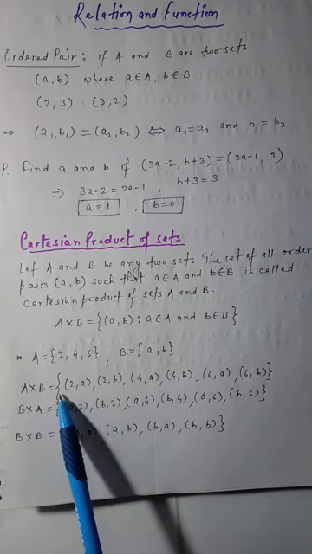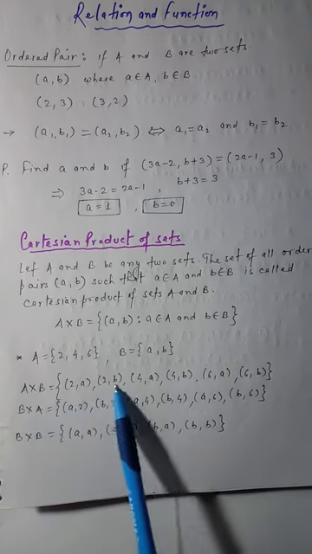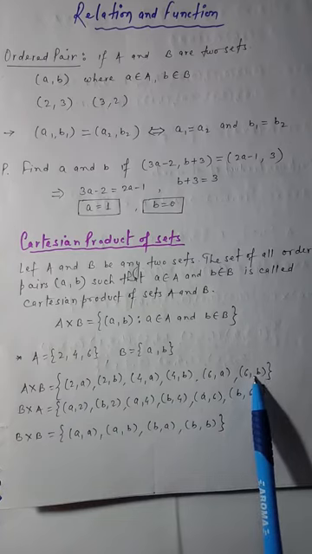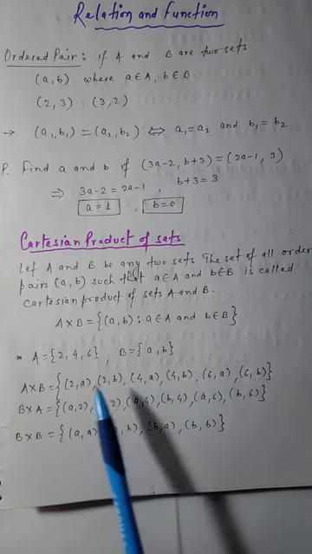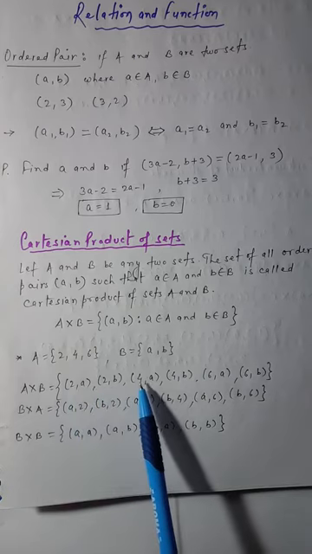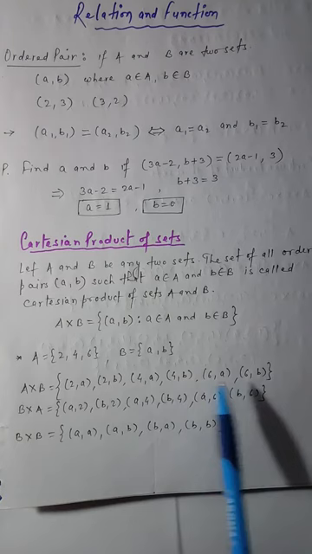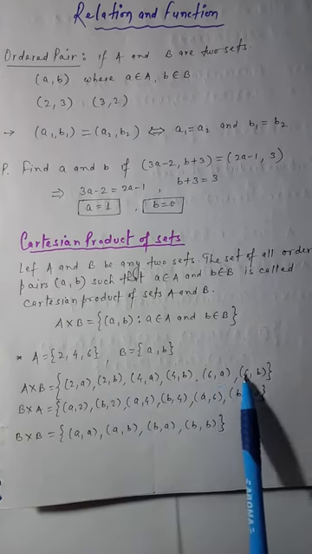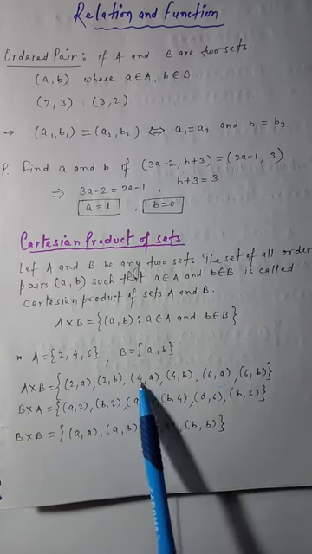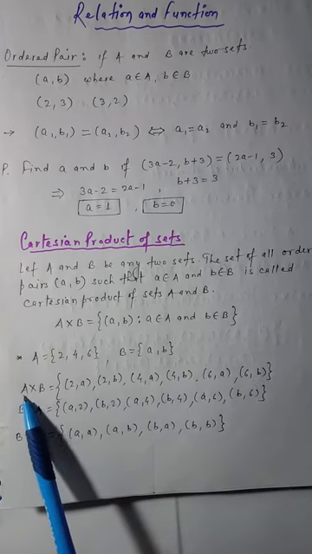And you can observe here this A cross B is a set where these are the elements. Okay. And you see here all the first elements like 2, 2, 4, 4, 6, 6. It means 2, 4 and 6. They all must belong to set A, because it's a rule.